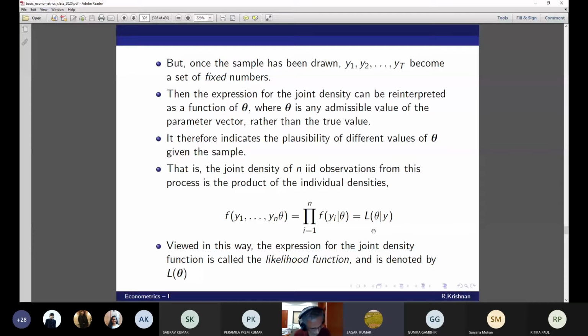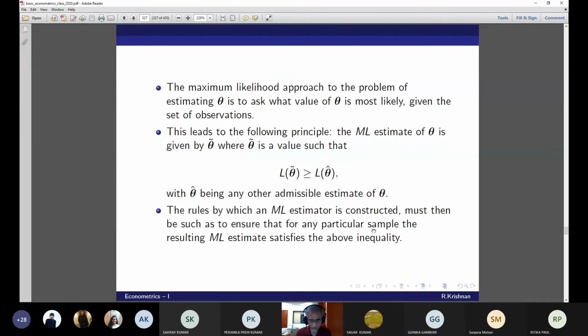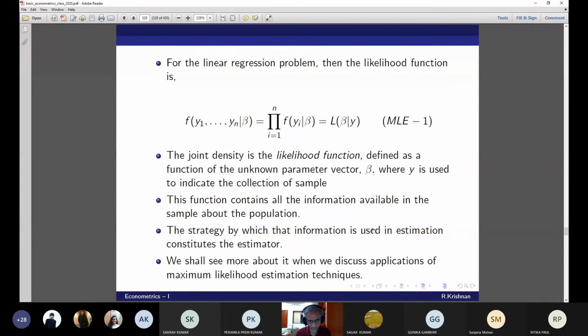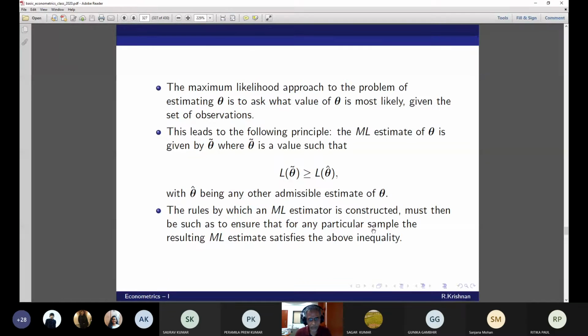Okay, sir. Thank you. Now my question is, instead of maximizing the probability, I'll ask the opposite question. What is that value of theta which is most likely to have given rise to this particular sample? The maximum likelihood approach asks what value of theta is most likely given the set of observations.